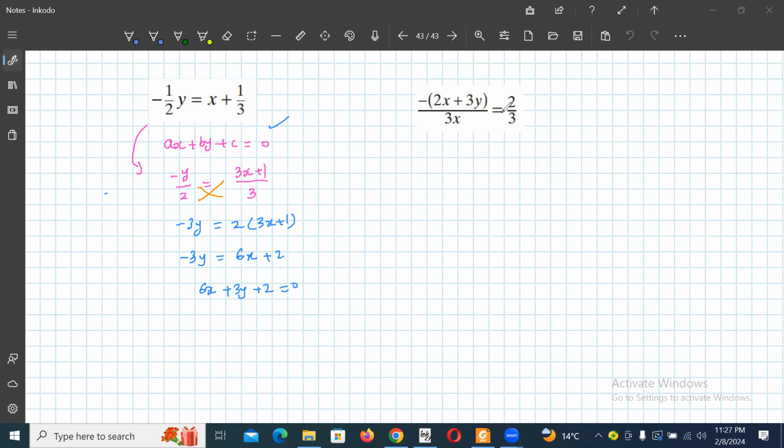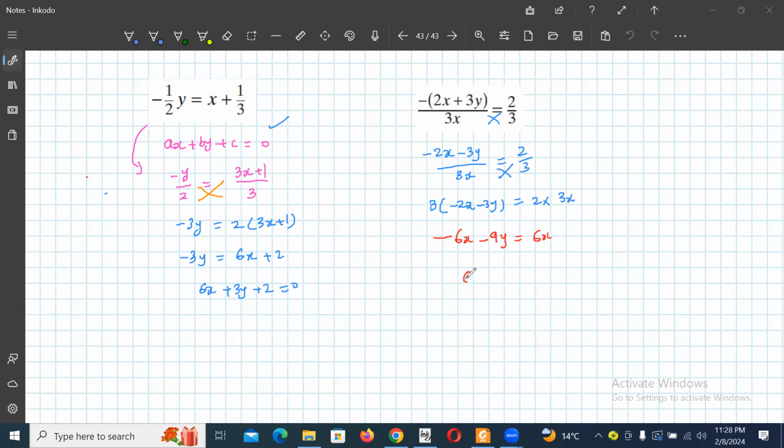If we try one more question, the next one, first we can think about cross multiplying, or you can multiply minus inside first: minus 2x minus 3y over 3 equals 2x over 3. By cross multiplying, it would be 3 bracket open minus 2x minus 3y is equal to 2 multiply 3x. So I'm getting 3 multiplied by 2, minus 6x and minus 9y is equal to 6x.